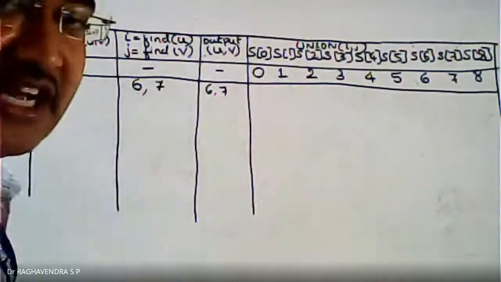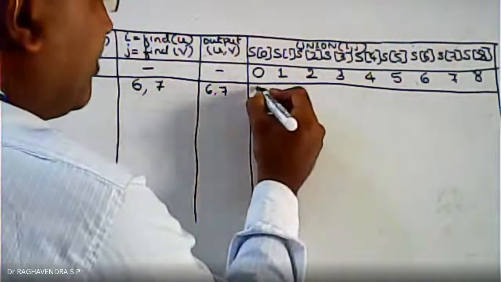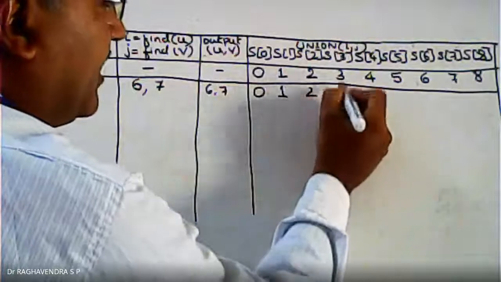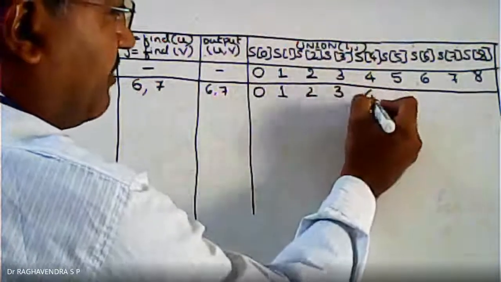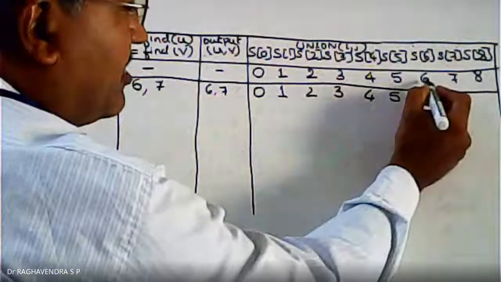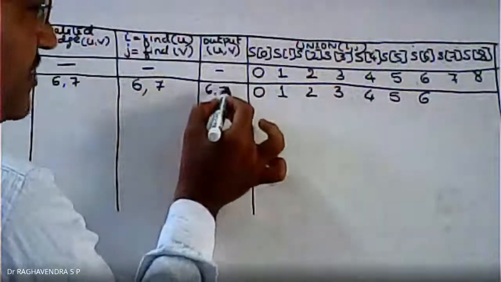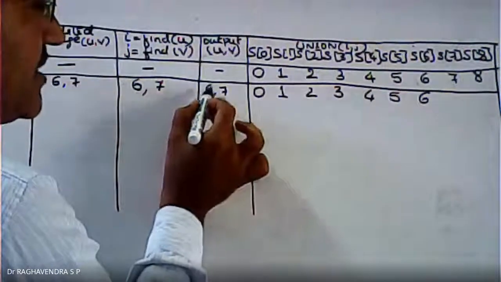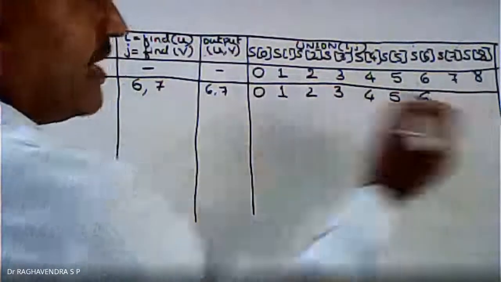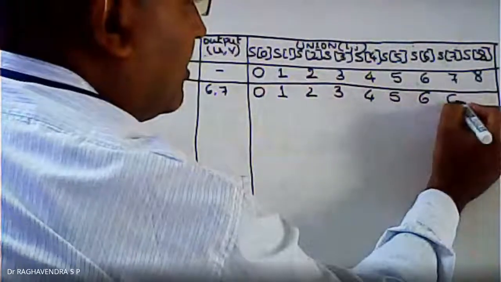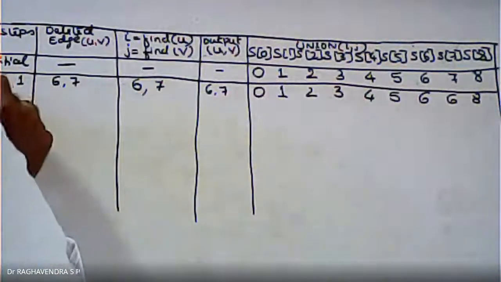Okay, look once correctly. So at 0 I write 0, at 1 I write 1, at 2 I write 2, 3 is 3, 4 is 4, 5 is 5, 6 is 6. And in place of 7, I am going to merge the value of 6 in 7. So the 7th value becomes 6. Very good. Then 8 will be kept as it is. That's it. So this step is over.